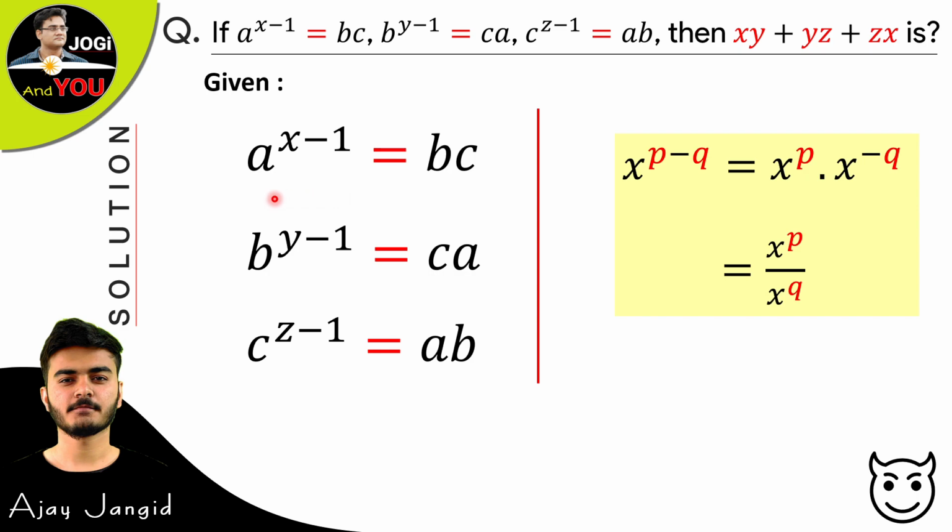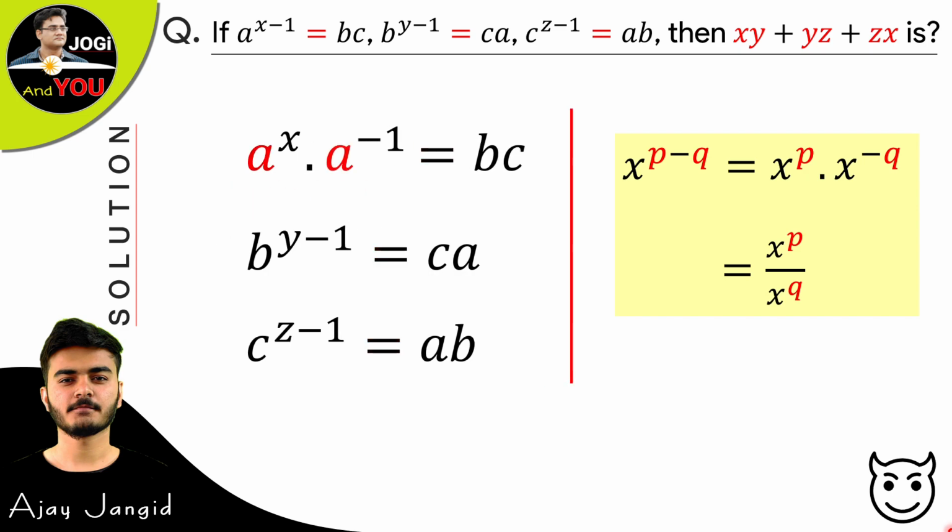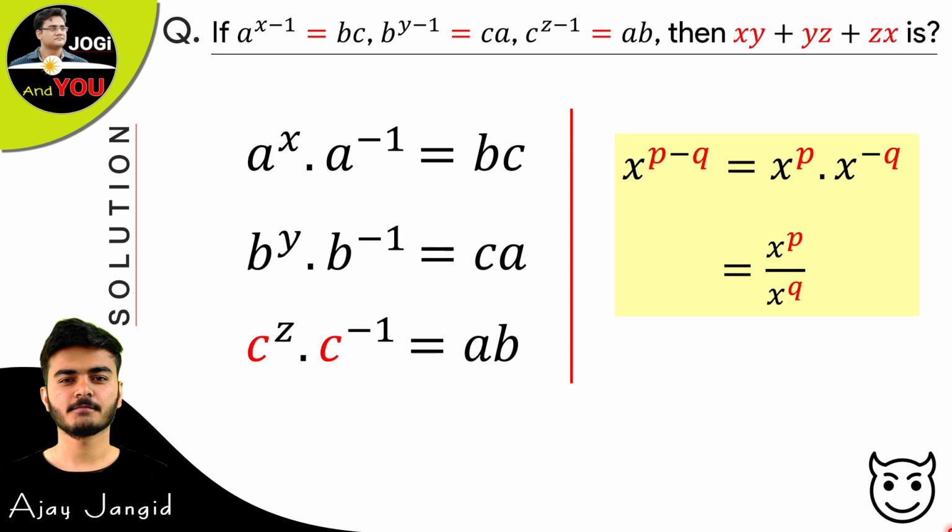So split this one with the help of this formula. Now we have a to the power x dot a to the power minus 1. Similarly, expand the second equation like this, and then expand the third equation like this.